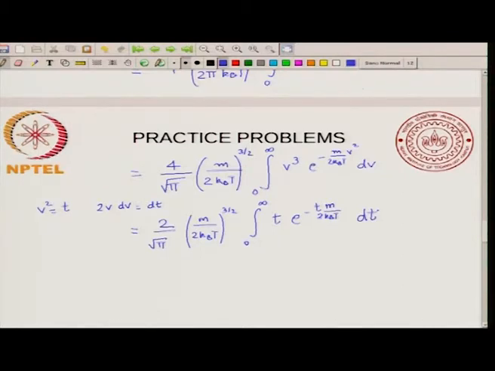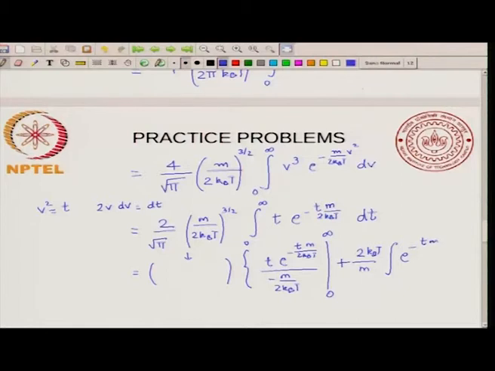So, the first term will be t e to the minus t m by 2 kBT divided by minus m by 2 kBT, evaluated at the boundaries 0 and infinity, and the other term will be, minus minus becomes plus, 2 kBT by m times the integral of e to the minus t m by 2 kBT dt from 0 to infinity.